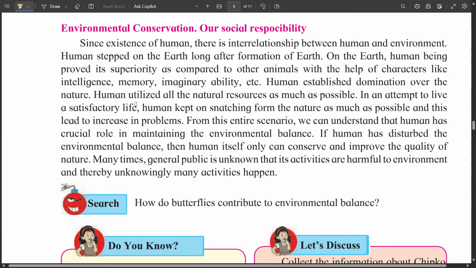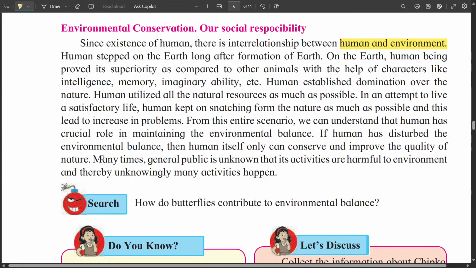Since the existence of human, there is an interrelationship between human and environment, and this interrelationship will always be there. However many technical developments we make, ultimately we will depend on the environment for our sustenance.